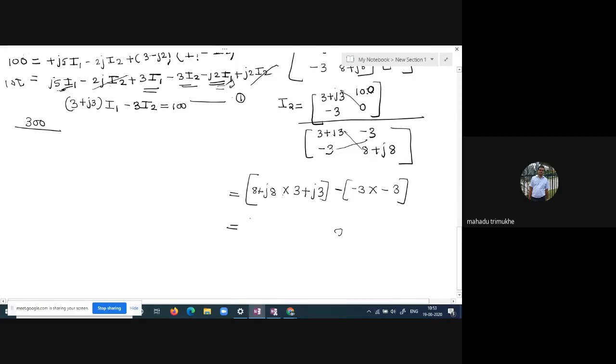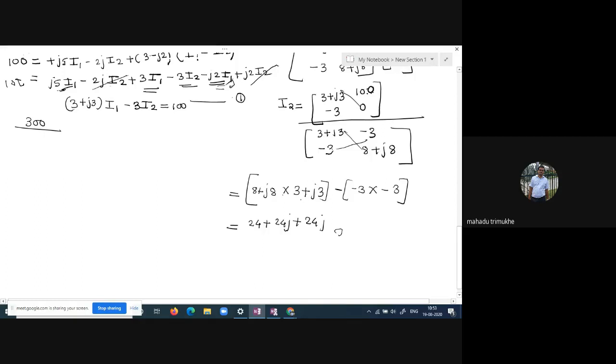What will come? 8 multiplied by 3 is 24, plus 8 multiplied by j3, here 24j. Then j8 multiplied by 3, plus again 24j. Again j8 multiplied by j3, you will get 24j squared.